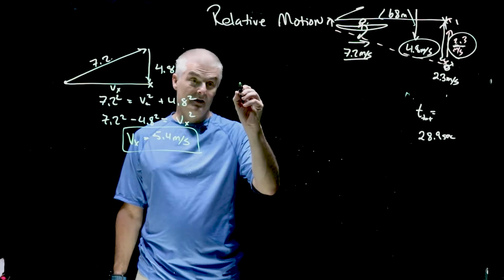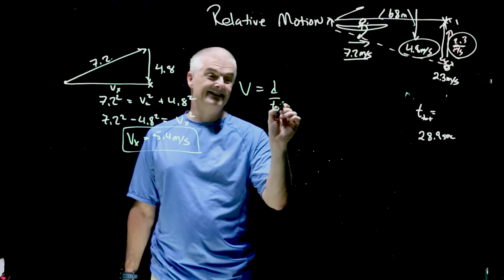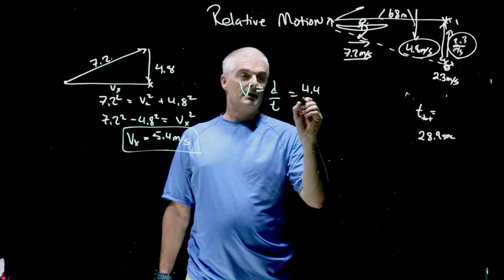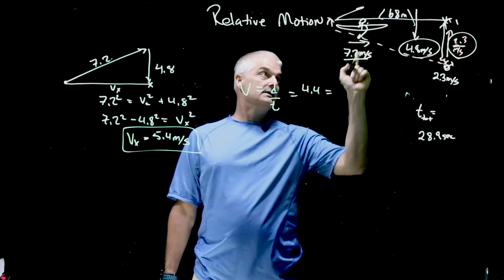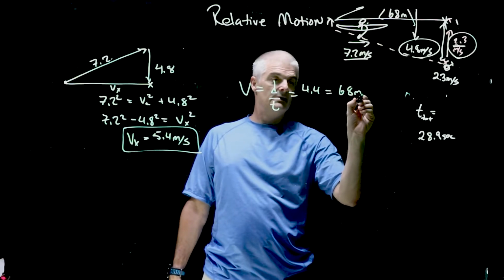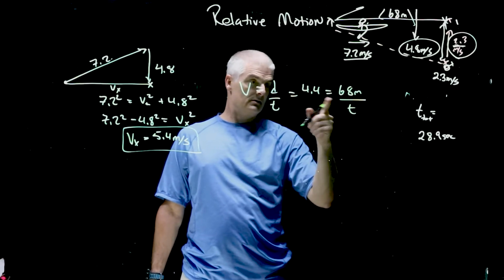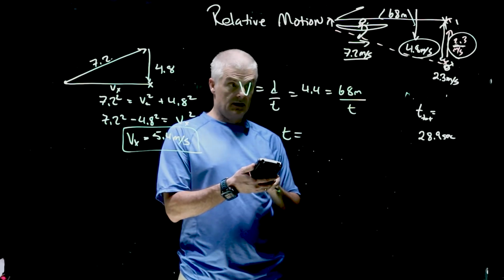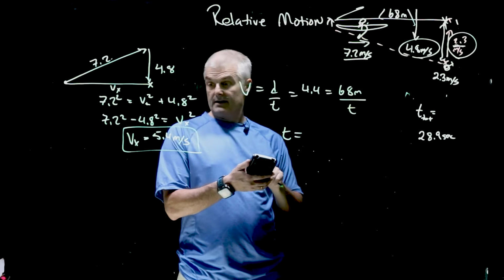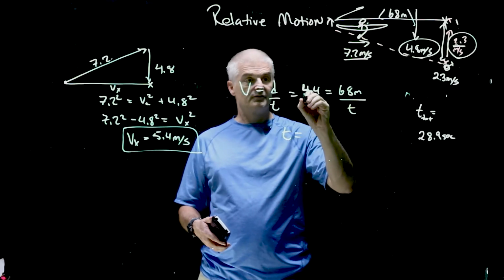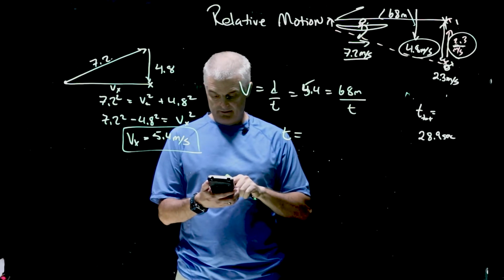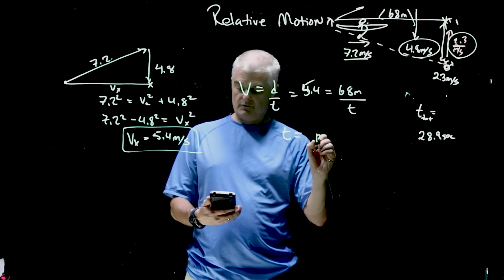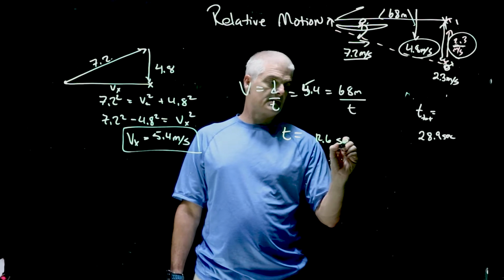To find the time, V is d over t. And what's V? 5.4 equals d, 68 meters, divided by time. And you do the math here, and time will be equal to 68 divided by 5.4, and this will take him about 12.6 seconds.